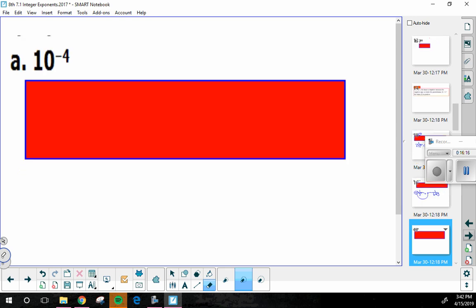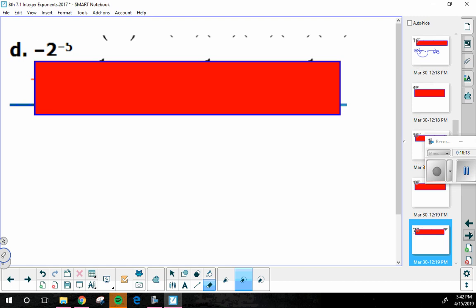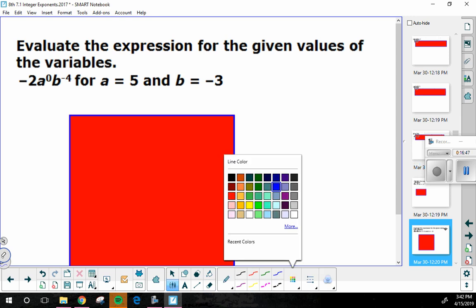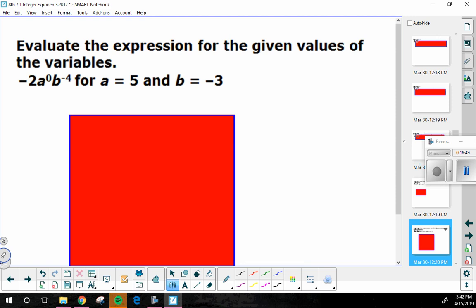Okay, here's another example I want you to write down in your notes. We're skipping those. This one. And I'll read it to you so you can write it while I'm reading it. Negative 2, a to the 0, b to the negative 4, and we're just going to substitute 5 for the a, negative 3 for the b, so that when we rewrite it, it's going to look like this.